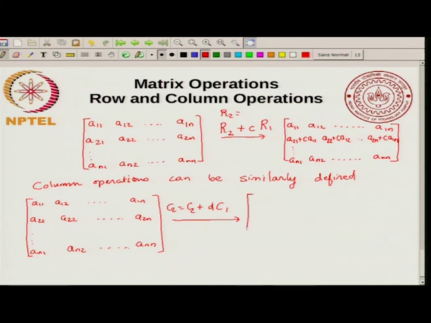What does that mean? You don't do anything to column 1, A11, A21 up to AN1, but to column 2 you add D times column 1. So you get A12 plus D A11, A22 plus D A21, and all the way up to AN2 plus D AN1. All the other columns are unchanged.